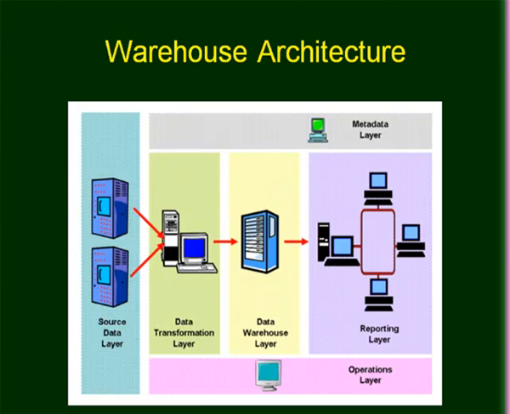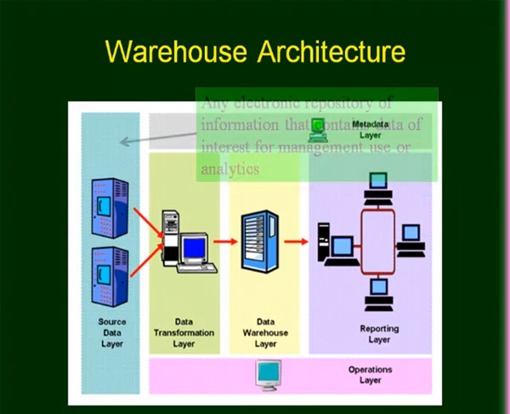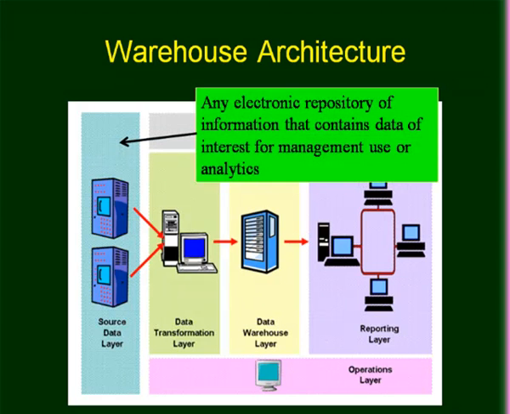The warehouse architecture is shown on the slide. There are different layers here: source data layer, data transformation layer, data warehouse layer, operations layer, reporting layer, metadata layer. Source data layer: any electronic repository of information that contains data of interest for management use or analytics can be considered a source data layer.